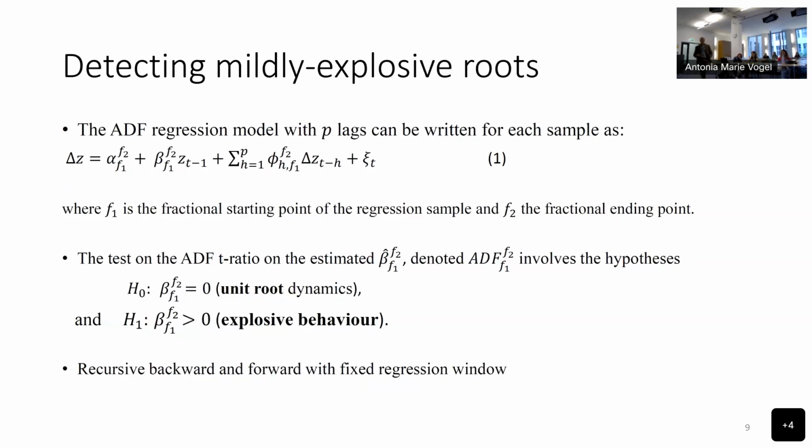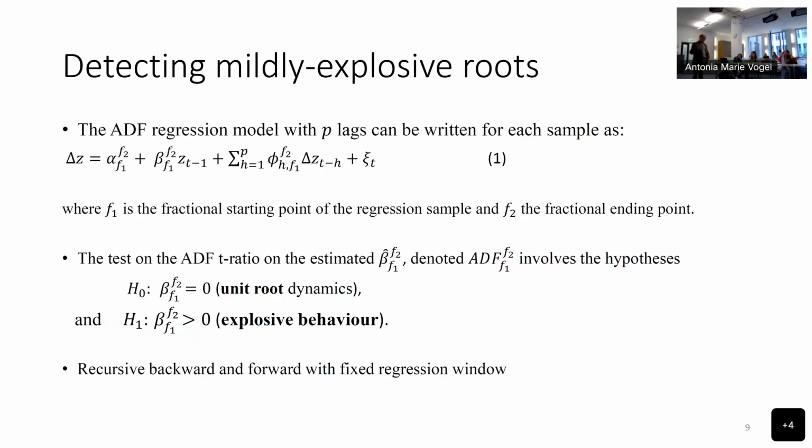Here, no. You basically consider that the alternative is the explosive behavior. So that's certainly quite different, and it's done in a quite subtle way, in a recursive backward-forward way, but that's not really the point. So what's the intuition here?